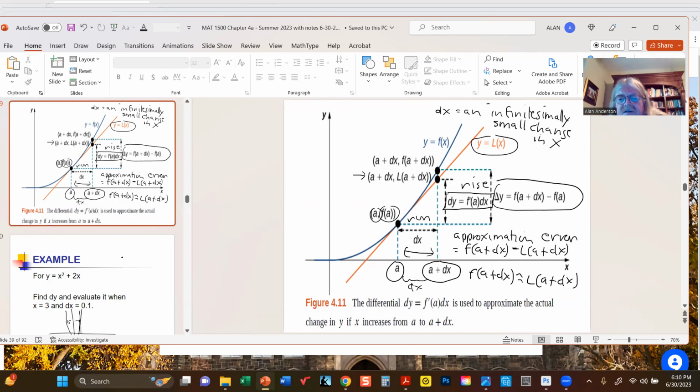On the vertical axis, with these two points, in both cases the x-coordinate is a plus dx. The difference is that the one on the top is the actual value of the function at that point, while this is the approximate value, the linearization of it. Think of it as the point on the tangent line.